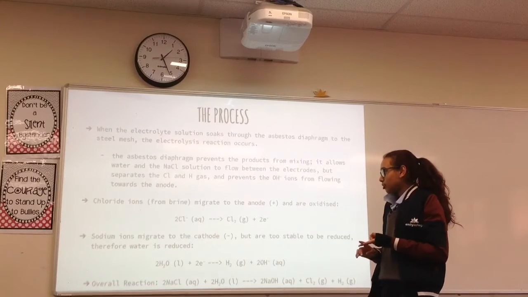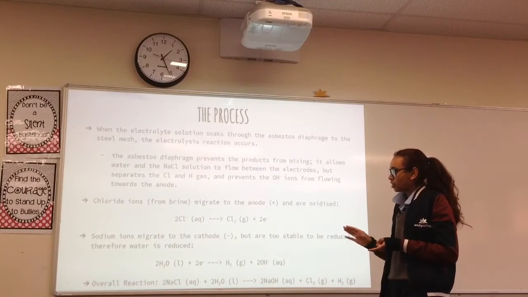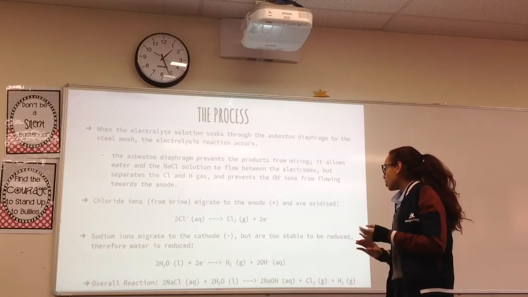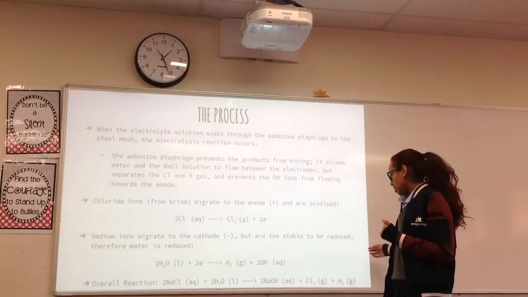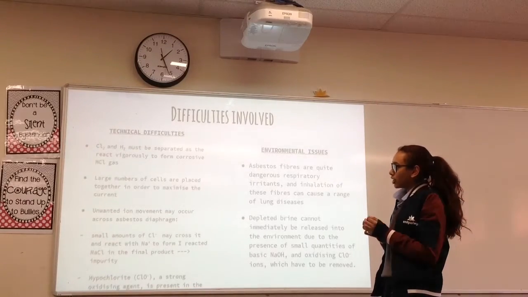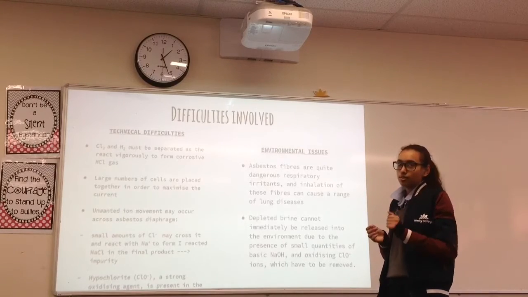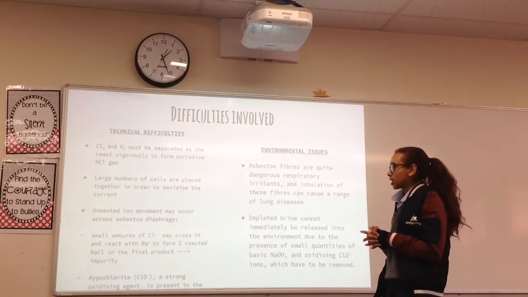Chloride ions from the brine migrate towards the anode and are oxidized, and then sodium ions migrate towards the cathode, but are too stable to reduce, therefore water is reduced instead. And then there's the overall reaction. So technical difficulties are chlorine and hydrogen must be separated as they react vigorously to form the corrosive HCl gas.